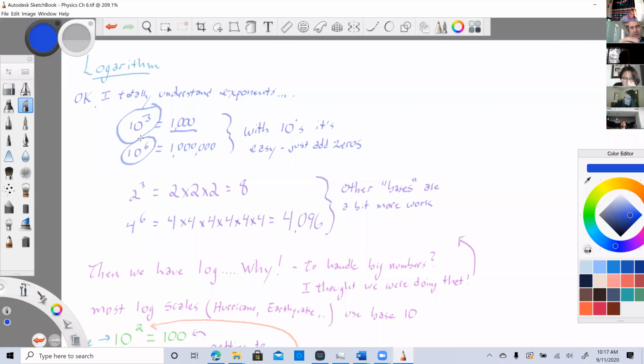And that actually works out really well. It only works out with tens, but 10 times 10 times 10 times 10 times 10 times 10 is 1,000,000. So it's nice. You just write zeros for 10 to the 6. You simply write 6 zeros, and that works out really nice. And that's base 10.